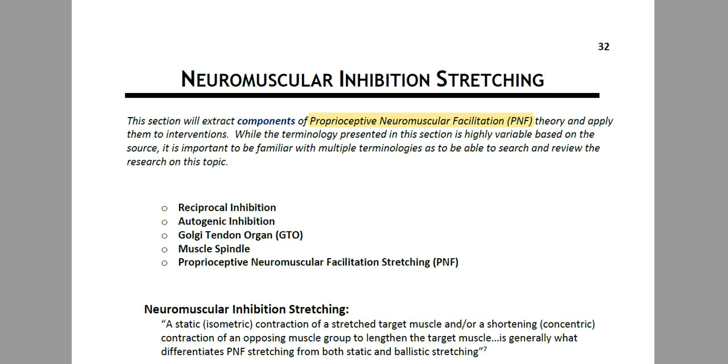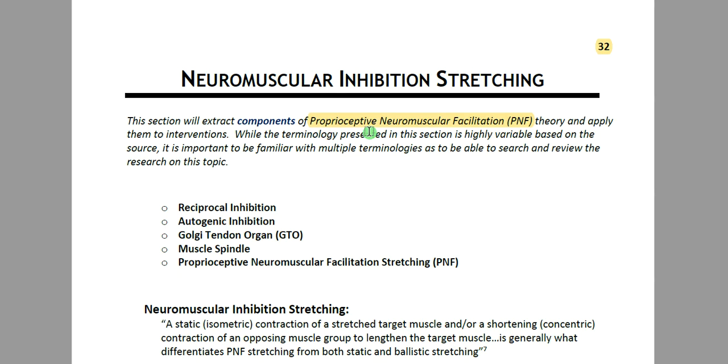So to start us off with the guide on page 32, neuroinhibition stretching is the term that I'm using for this section previously, and a lot of clinicians will still use the term PNF type stretching because the roots for these techniques came from PNF strategies as it relates to some of the hold relax, contract relax, and other terminology.